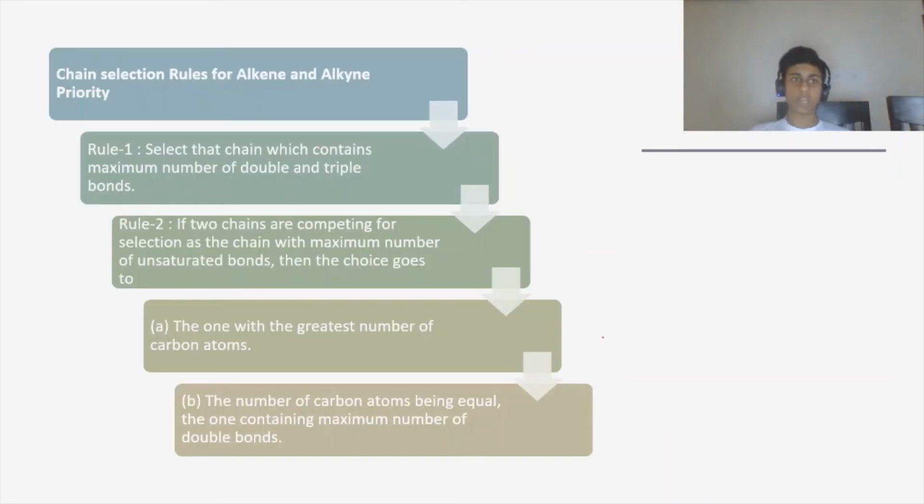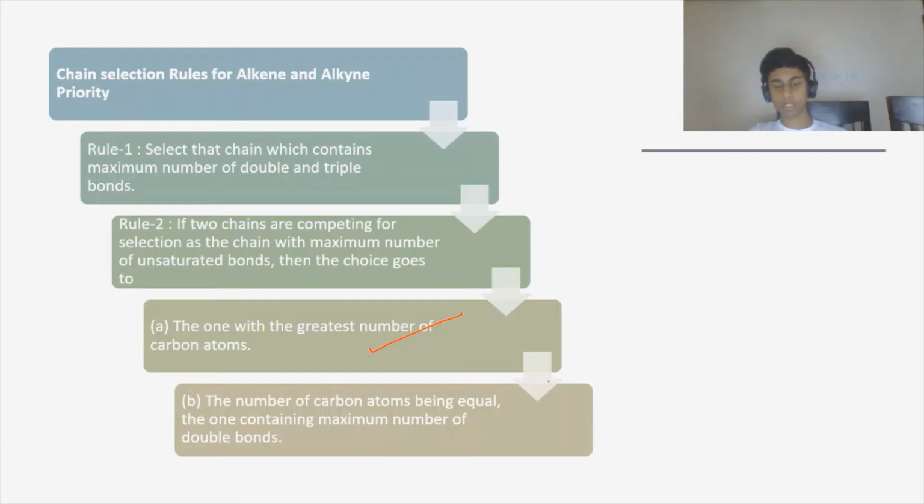Now, let's look at the chain selection rules for alkene and alkyne priority. That's double and triple bonds. So, we select the chain which contains the maximum number of double and triple bonds. If two chains are competing for selection with the maximum number of unsaturated bonds, then the choice goes to the one with the greatest number of carbon atoms first.